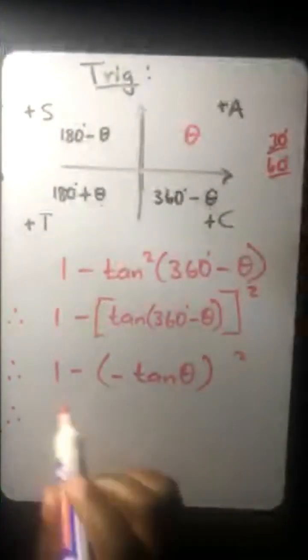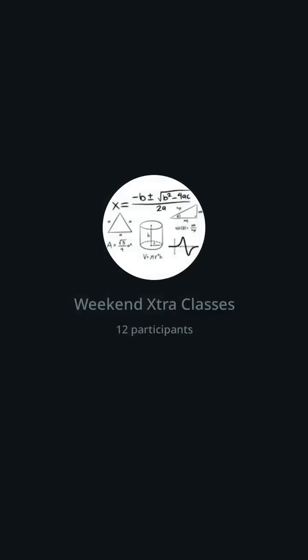Now, this is what you are having: 1 minus. So remember, a squared simply means 2 of the same thing. So you can take it as this squaring that, or as 2 of the same thing being that.